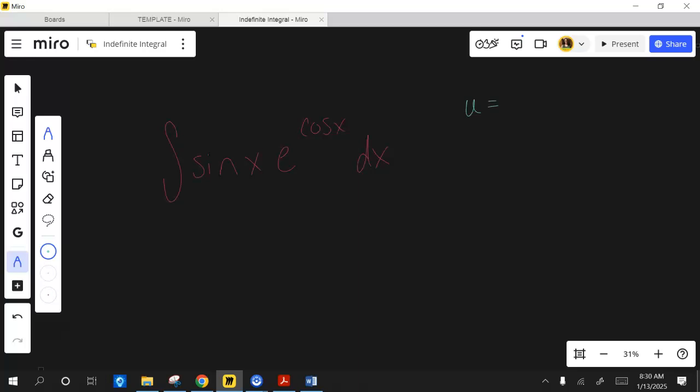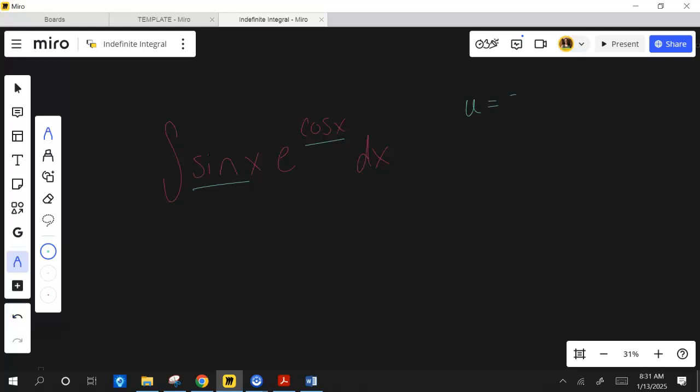Which one do you see a derivative of the other one contained within? Not e, because the derivative of e to anything is e to something. Sine and cosine are derivatives of each other. Let's say I pick the wrong one to show you what happens.